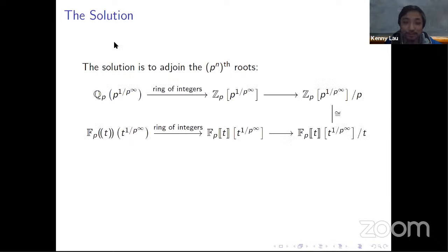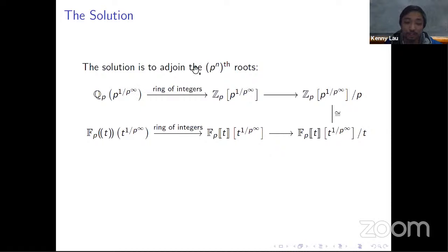So to Q_p, we will adjoin all the p to the nth roots of p, and we will denote this field this way: Q_p adjoin p to the 1 over p to the infinity. Because if infinity is replaced with n, then this is just the p to the nth root of p. So we just adjoin all of those roots.